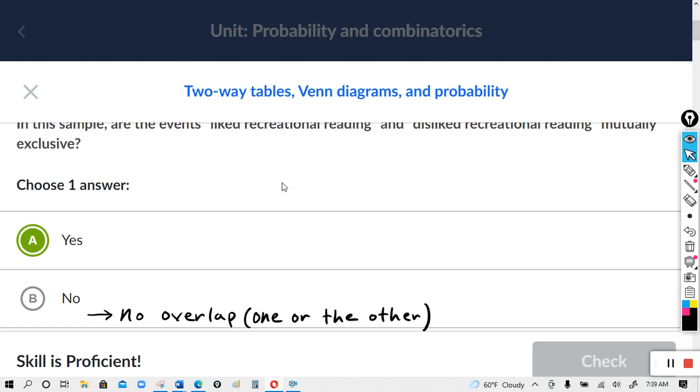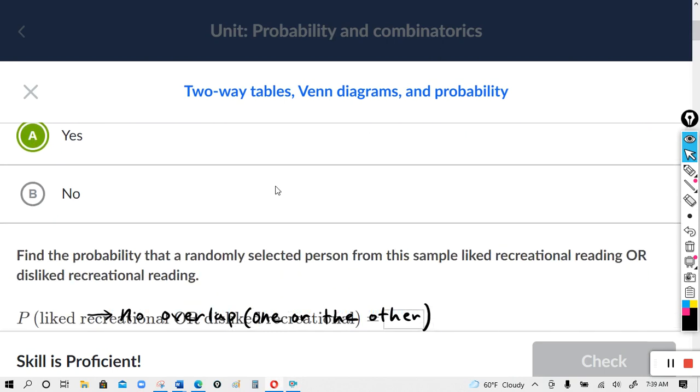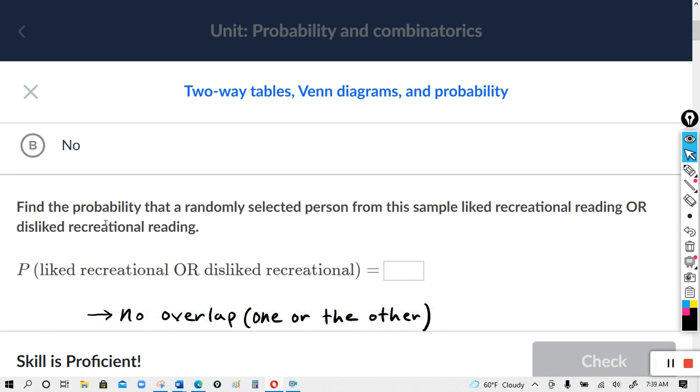And for this assignment, there are two questions per problem. Find the probability that a randomly selected person from this sample liked recreational reading or disliked recreational reading. Well, that's easy, because since it has to be either liked or disliked, it's going to be 100%.